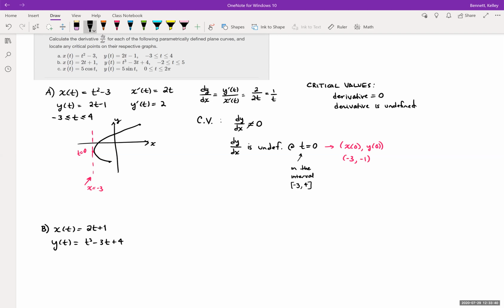All right, back to B. So -2 to 5 is my interval. I want to compute the first derivative, dy/dx.